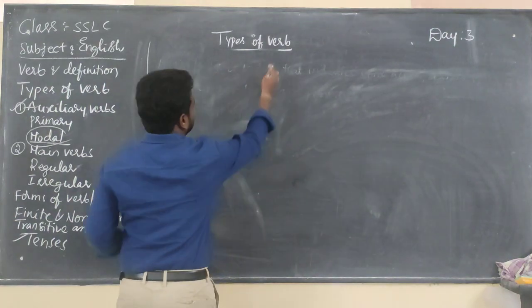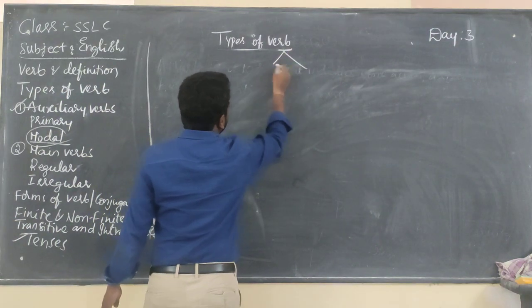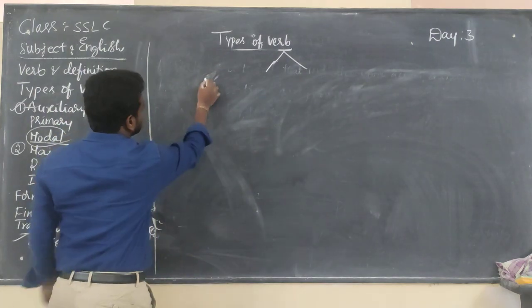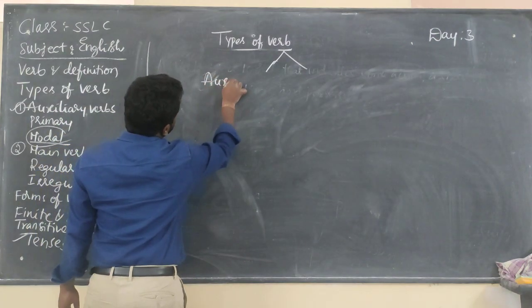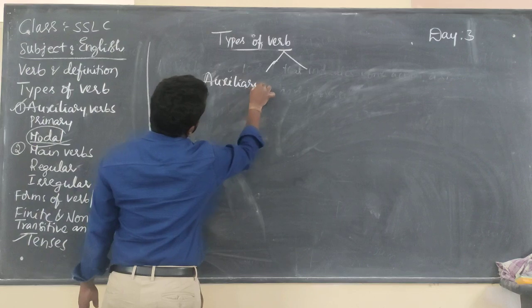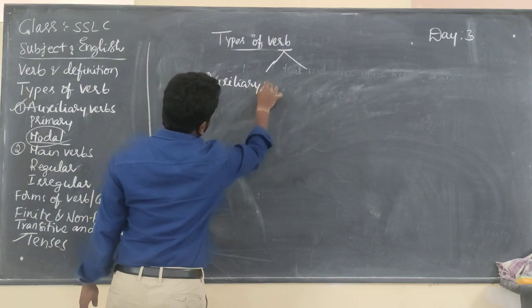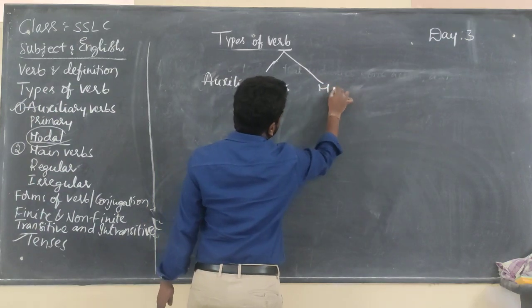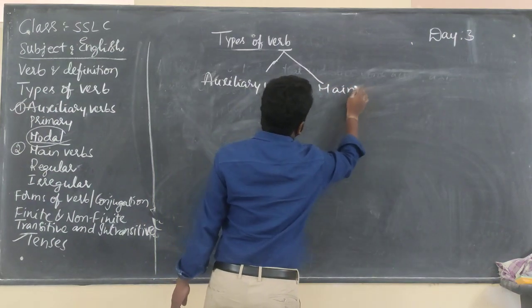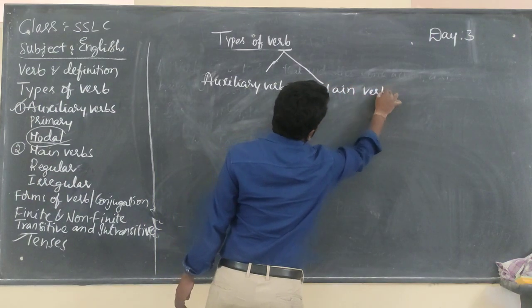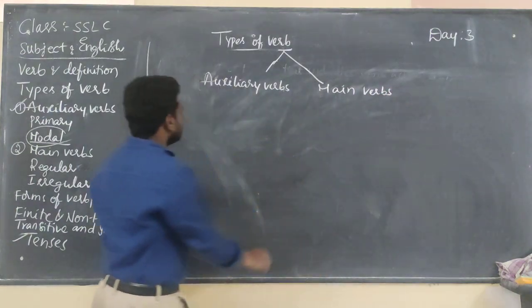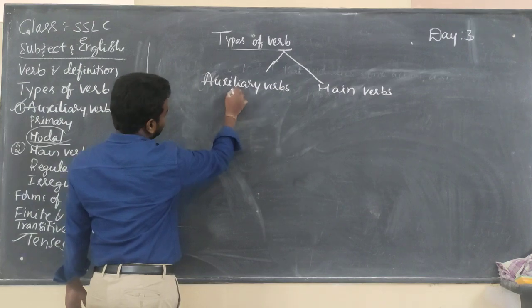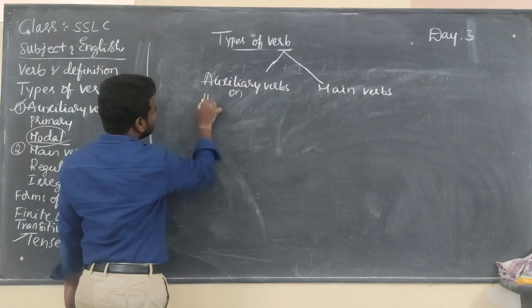So now the types of a verb. The first one, auxiliary verbs. And the second one, main verbs. Here auxiliary verbs we can also call helping verbs.